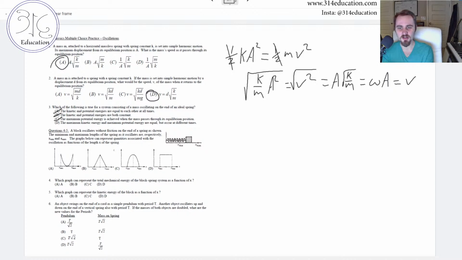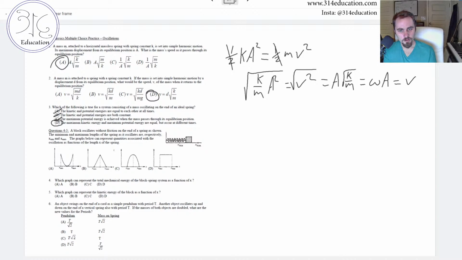And I bumped into the mic there, but that's okay. And so that leaves us with D. But D looks like a good option anyway, because this tells us the maximum kinetic energy and the maximum potential energy are going to be equal, but they occur at different times. And that is true. That's actually the relation that we used up here to solve the first 2 problems. So D is going to be our best choice here.